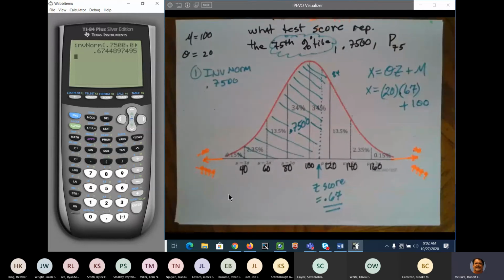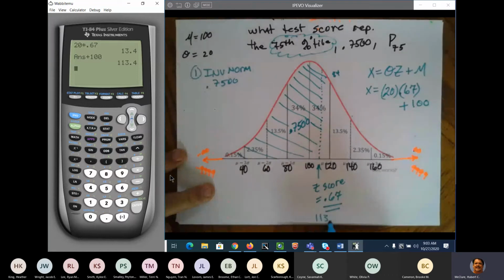So you would take your handy dandy calculator and do 20 times 0.67 and then add that to 100. So that score is 113.4. 113.4 is the answer.